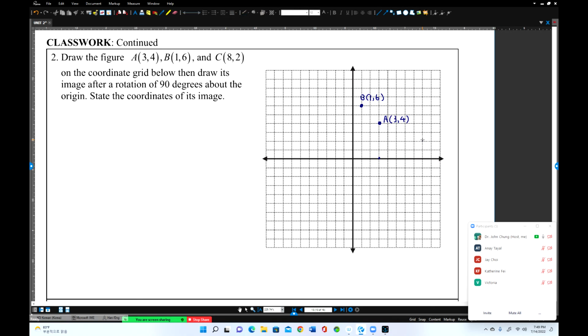But this is not a right triangle, right? This is a figure, but the figure is very annoying. 1 and 6, 3 and 4, 8 and 2 over here. This looks like a weird figure.